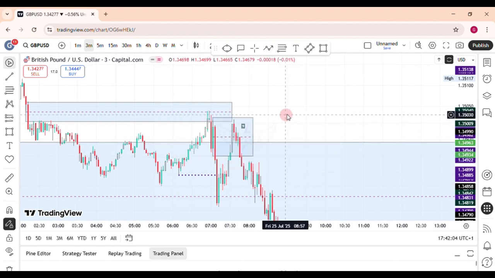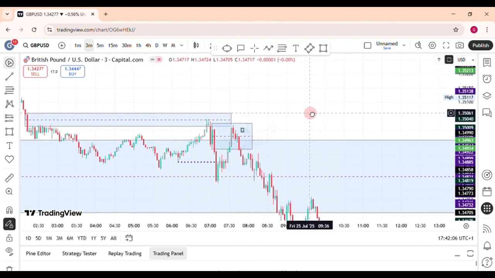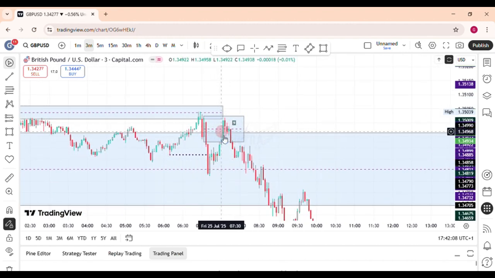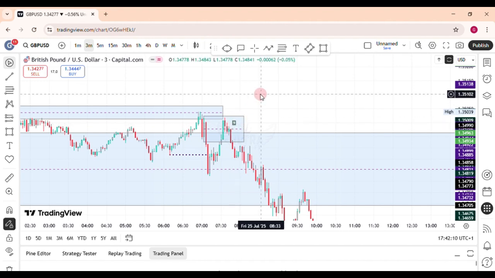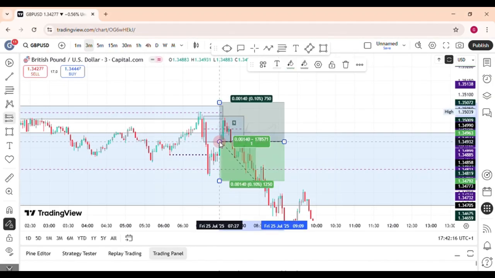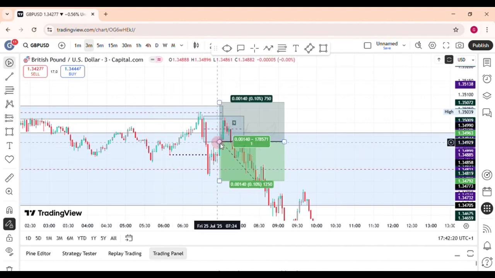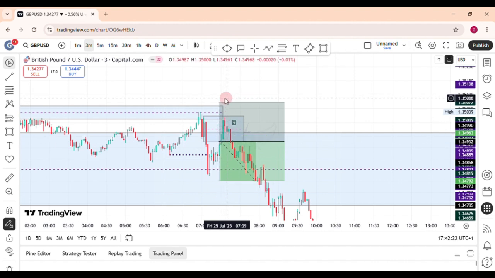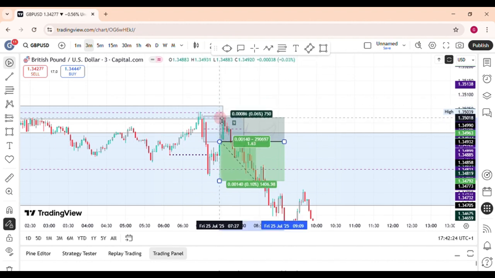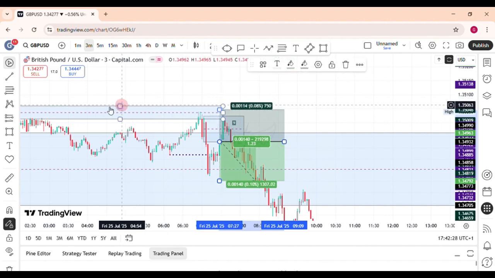This whole candle would indicate that we have a fair value gap right here. The next one is our entry. So as price comes back to tap into that fair value gap, we would place our bearish entry here. Our short position would be at the start of this fair value gap, and our stop loss is above this high that tapped into our first fair value gap right here.